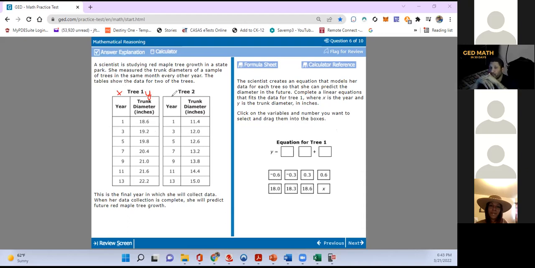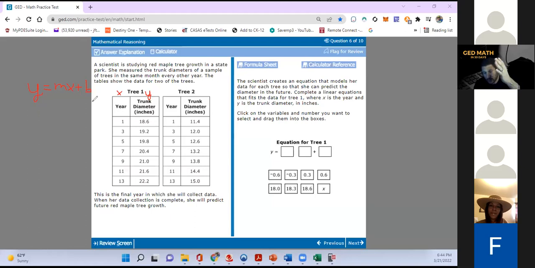Y equals mx plus b. Okay, we got that. That's the slope-intercept form of the equation of a line. So what two things do we need to determine the equation of a line?